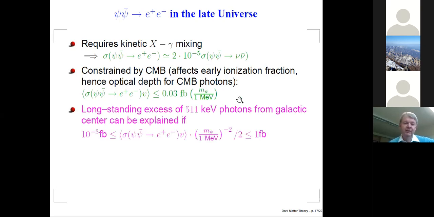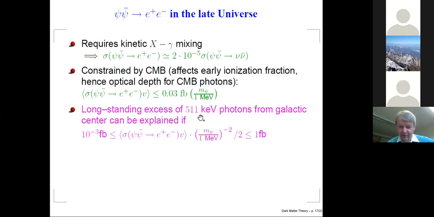On the other hand, if you want to explain this long-standing excess of 511 keV photons from the galactic center, then the cross-section you need scales quadratically with the dark matter mass, because here the idea is that you produce positrons with an initial energy of maybe a few MeV, which cool down before they then form bound states, positron bound states, and annihilate.